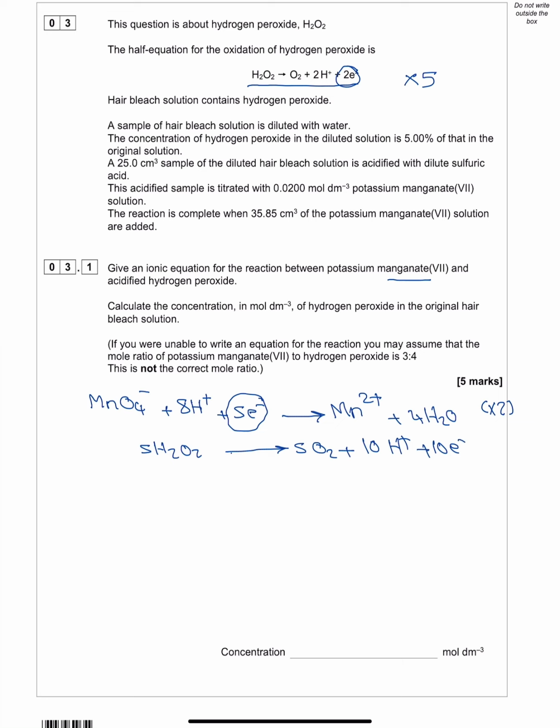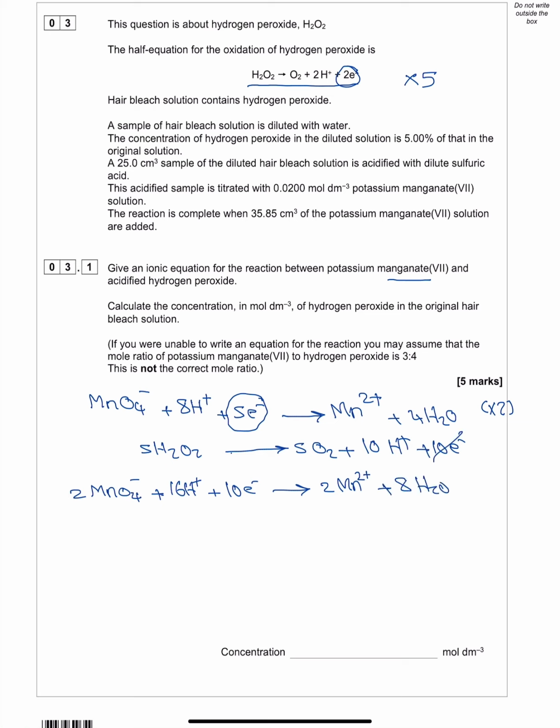And for the other equation, then you have 2 manganate plus 16 hydrogen plus the 10 electrons that will give you 2 Mn2 plus and also the 8 water.